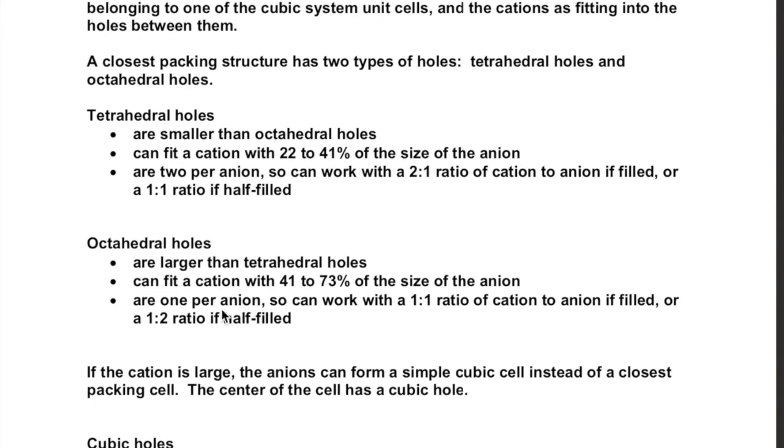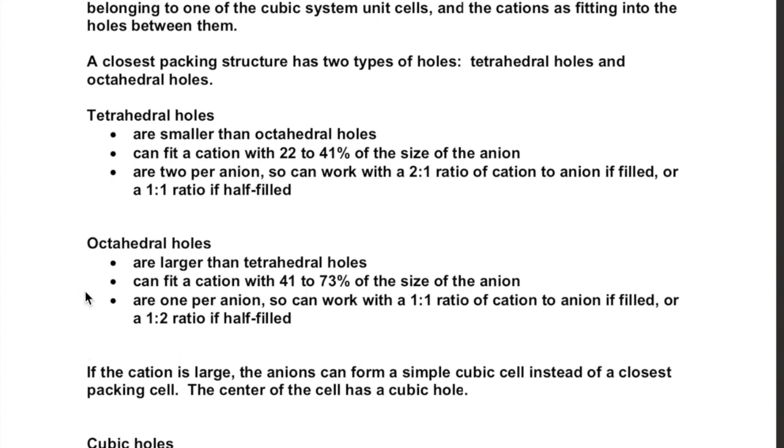So if you have a 1-to-1 ratio of cation to anion, you're going to fill all of those octahedral holes. If you only need 1 cation for every 2 anions, so if the cation is +2 and the anion's only -1, and you have a 1-to-2 ratio, then only half of the octahedral holes need to get filled.